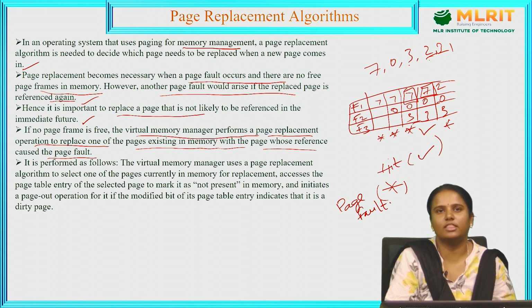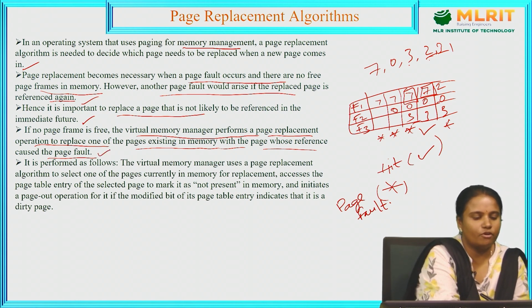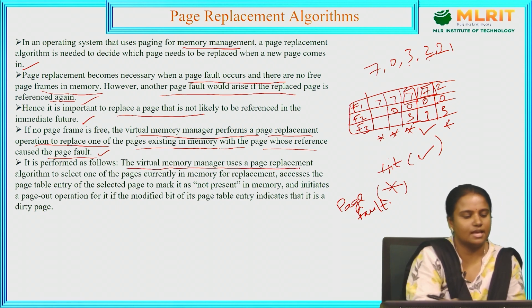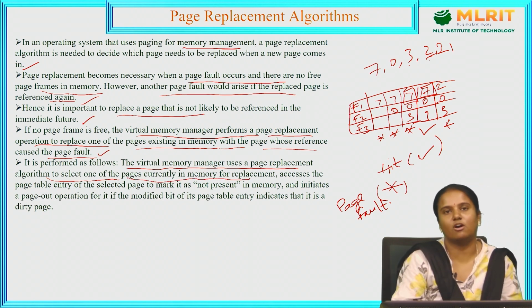Based on that algorithm we can replace a page and reference the new page which is causing the page fault. It is performed as follows: the virtual memory manager uses a page replacement algorithm to select one of the pages currently in memory for replacement.